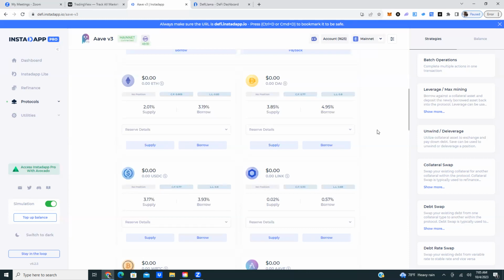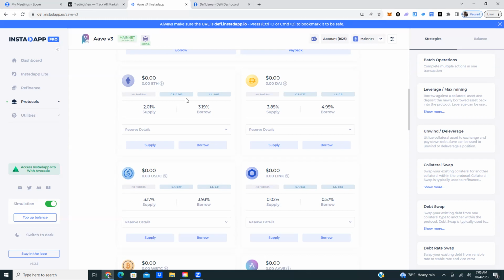Now, coming over to Instadapp, you have these collateral factors for deposits and borrows. The collateral factor is just the percentage of what you can actually borrow from yourself. Not even interest rates, but the ability to borrow from oneself.